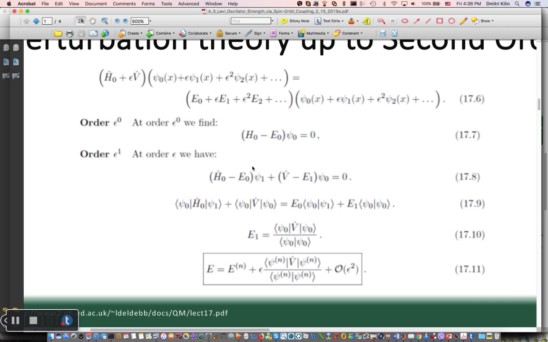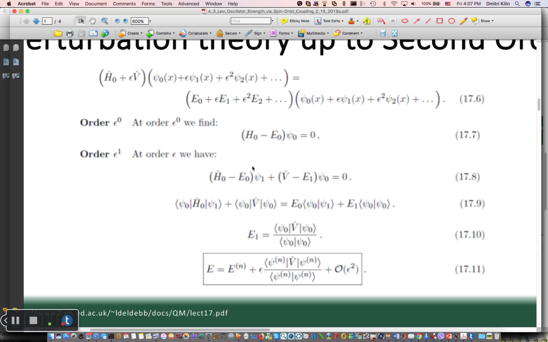The main approximation requirement is that your perturbation should be much smaller compared to the regular term in your Hamiltonian, which means this additional term is much smaller than your E naught. If it's backward, you're not in the right regime and your formula will not really be applicable. It means you will have a big error if you apply this, because it's an approximation, so it's not the accurate thing to do.